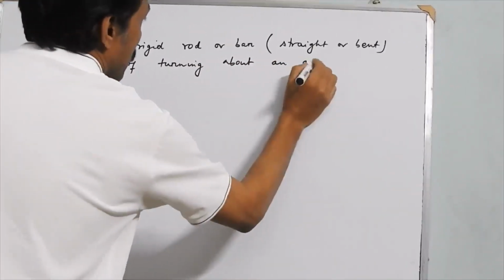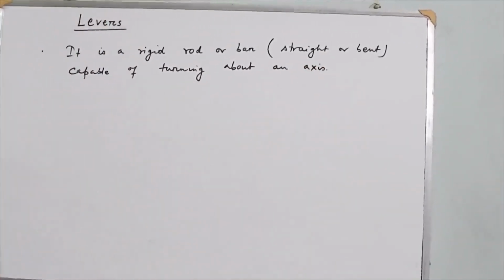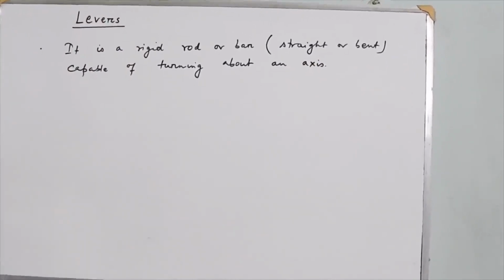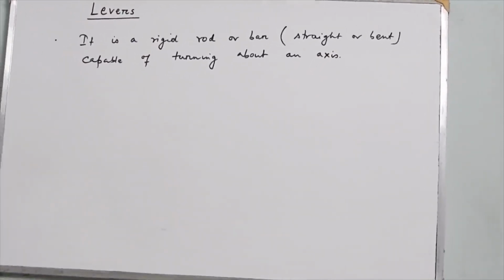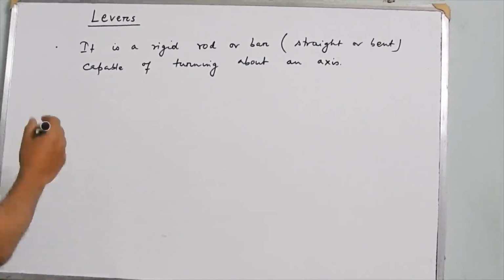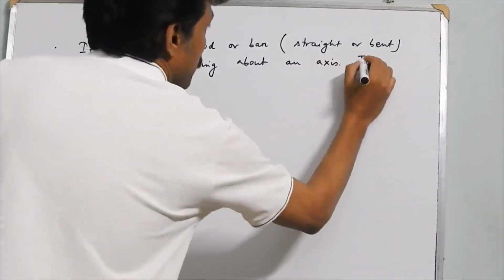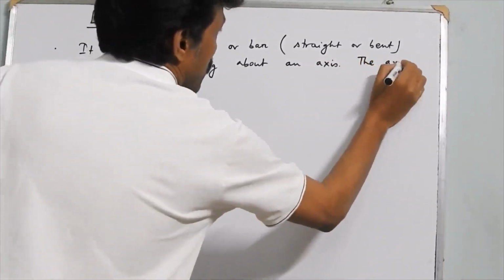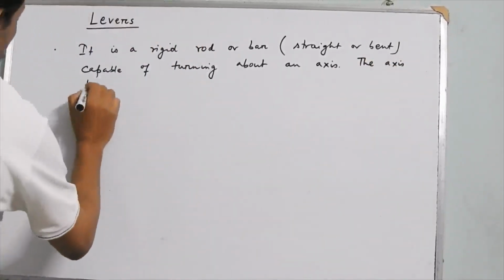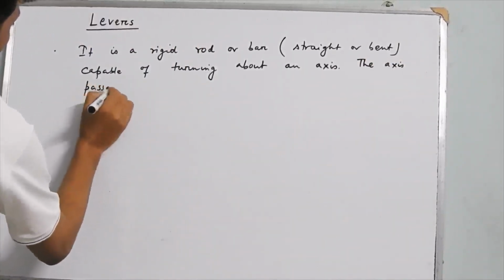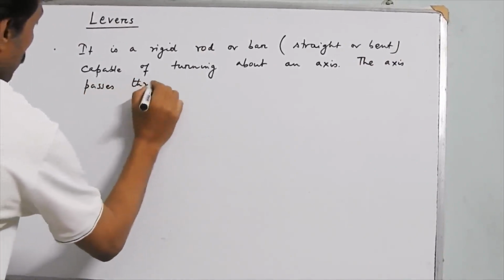Now the axis is an imaginary line that passes through a point which is called the fulcrum. The axis passes through the fulcrum, a fixed point.